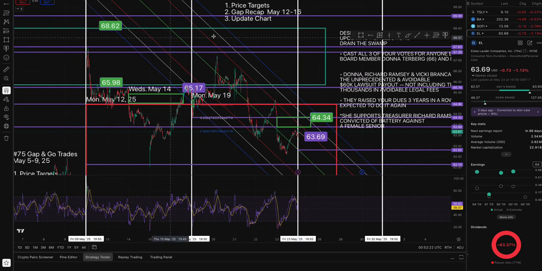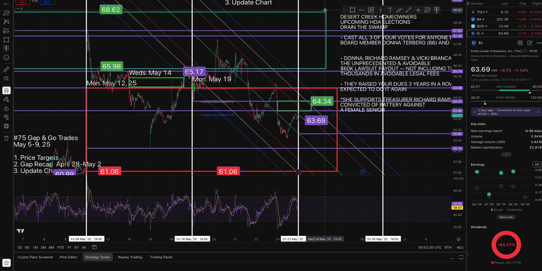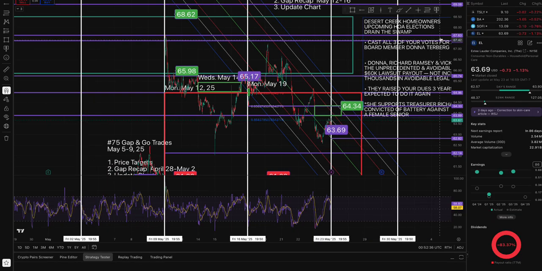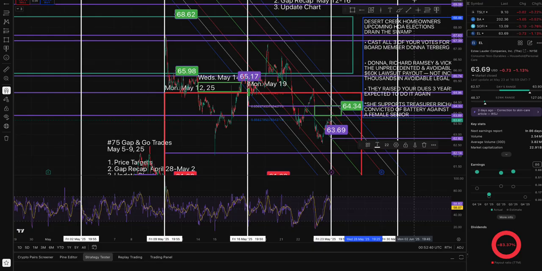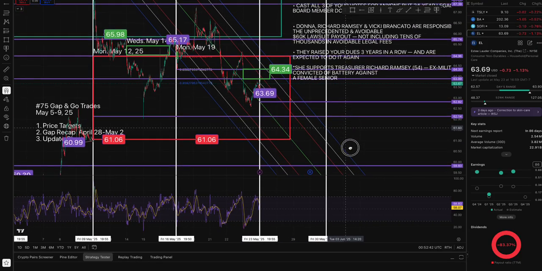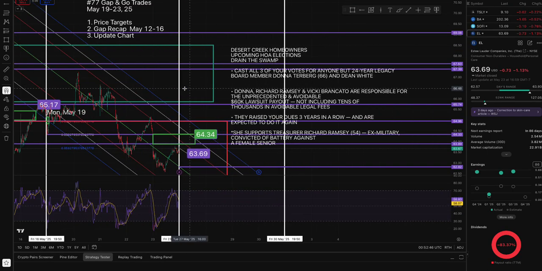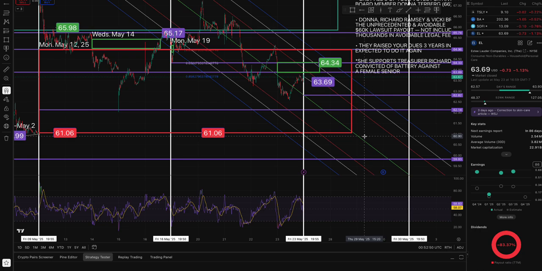Do you guys believe in term limits? I believe in term limits for everything. 68.62. I think the government needs term limits, and so do HOAs, to avoid waste, fraud, and abuse. All right, 68.62 is the potential, not in the channel, not in the zone, not even close.